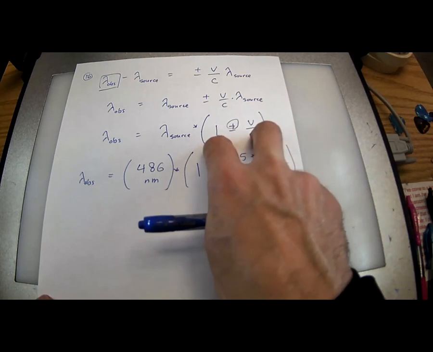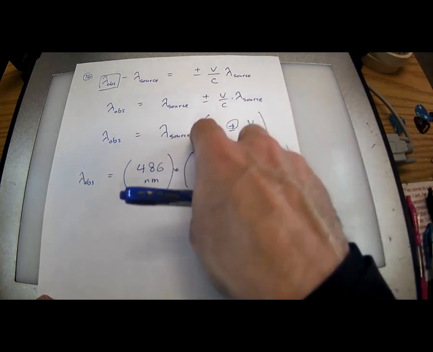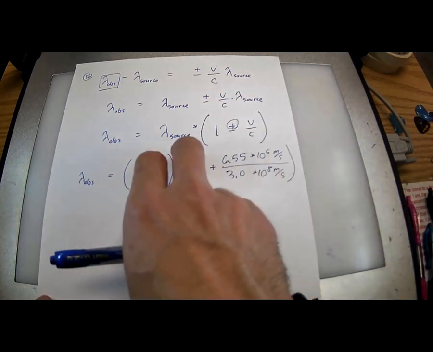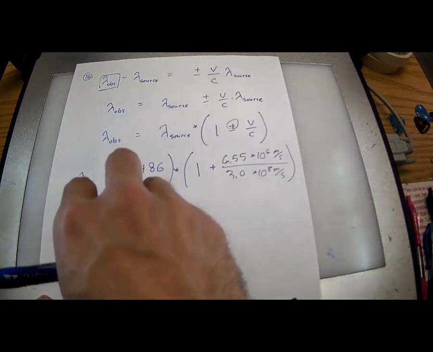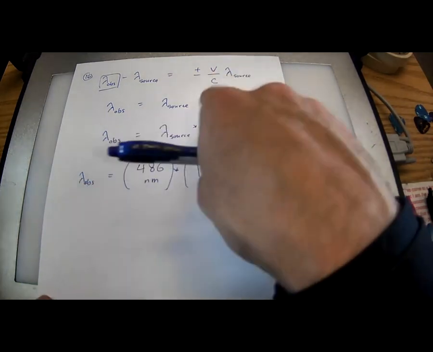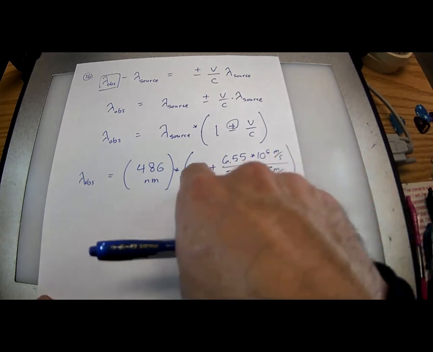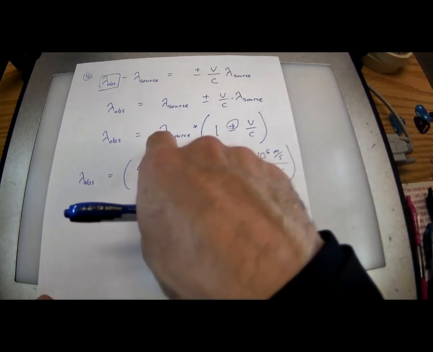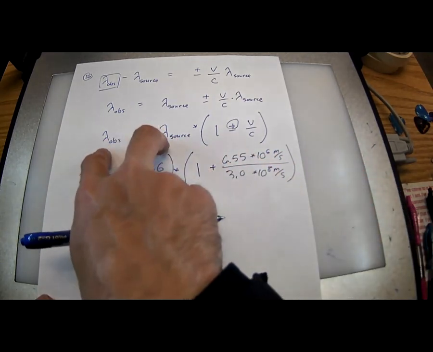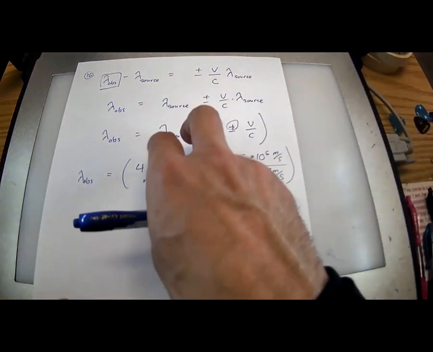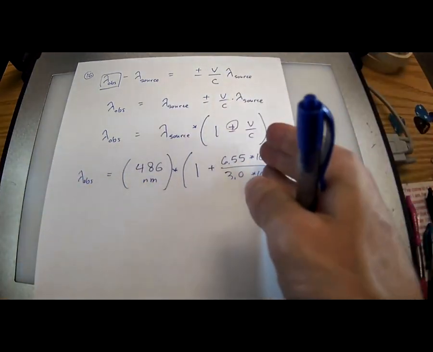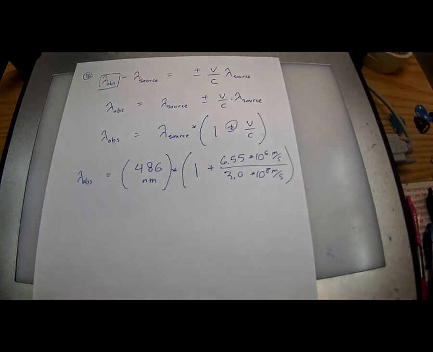You get 1 plus 1 is 2. Everything in this parentheses would be a factor of 2. I haven't really Googled this, but just based on this formula, the way I'm reading it, you can get up to twice the wavelength. Once you stretch the wavelength to twice its length, you'd be at the observable limit. Maybe that'd be one way to figure that out.